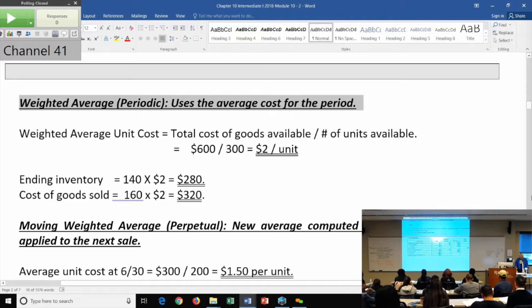Kind of obvious, but let's put it there on January 1. Cost of goods available over the number of units available is $1.